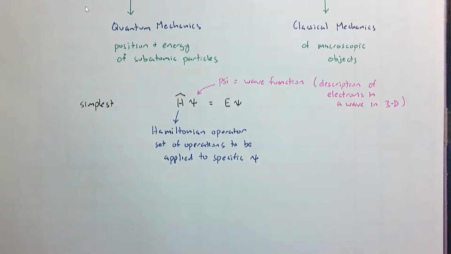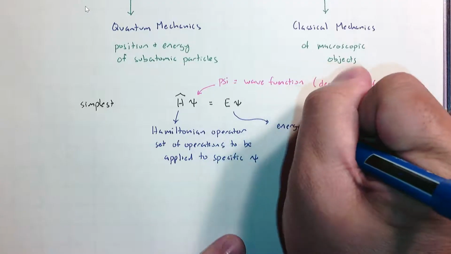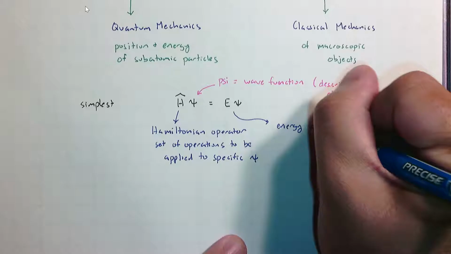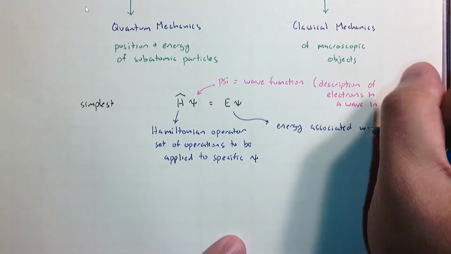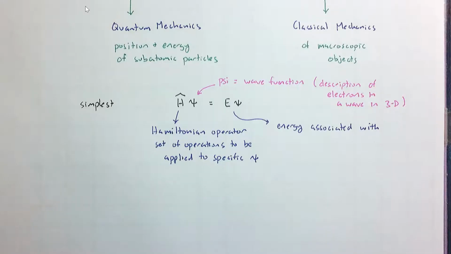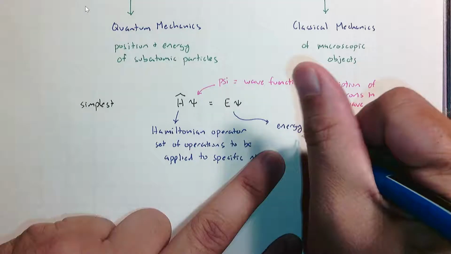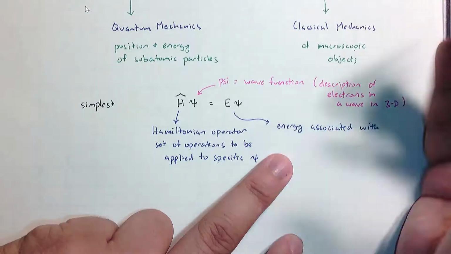Now, on the other side, we have E, energy, and that is the energy associated with that specific wave function. There are many, many different wave functions, depending on what energy level the electron is in an atom.